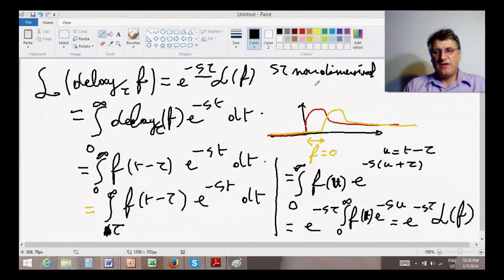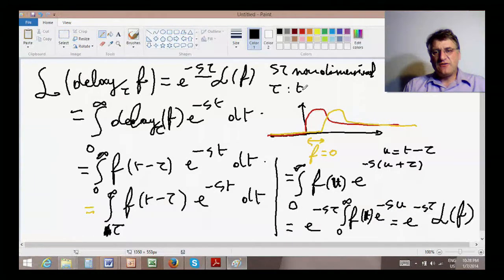So if tau has dimension of time, then s has the dimension of 1 over time.